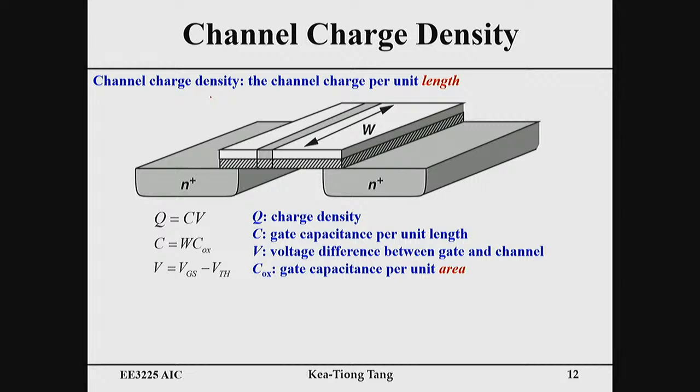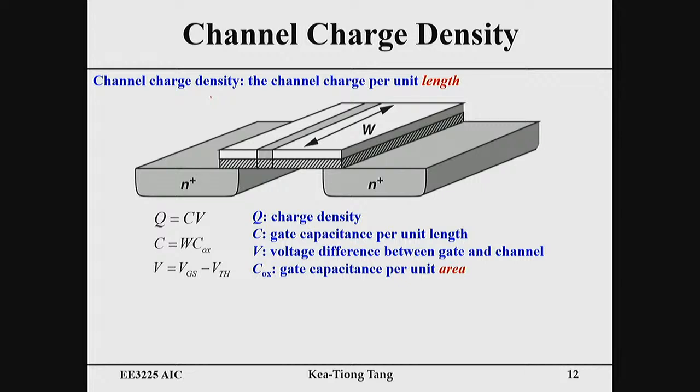The first thing is that the charge is equal to the capacitance times the voltage, right? The voltage is the voltage across the capacitance. The capacitance C is equal to W, which is the channel width, times C oxide. What is C oxide? C oxide is the gate capacitance per unit area. This is the oxide, this is the gate, this is the semiconductor.